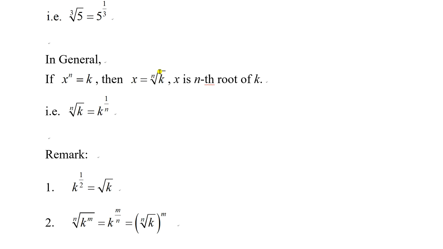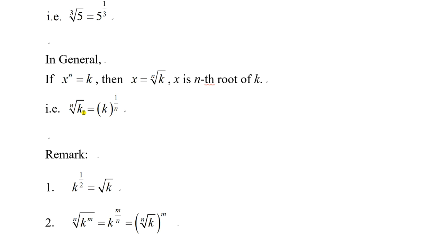And how do we read this? We read it as x is the nth root of k. That means these two expressions are equal. But of course, you should keep in mind that when you take the nth root of k, the whole expression inside the root would take the power 1 over n.